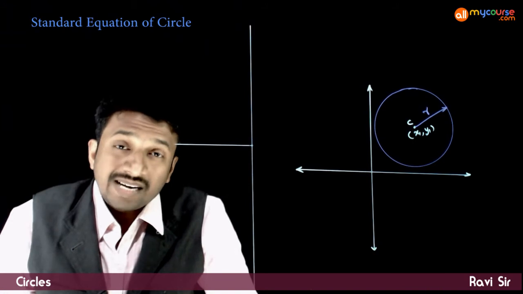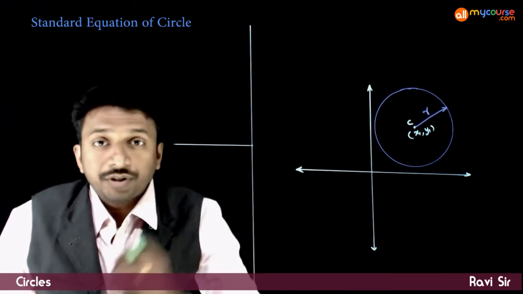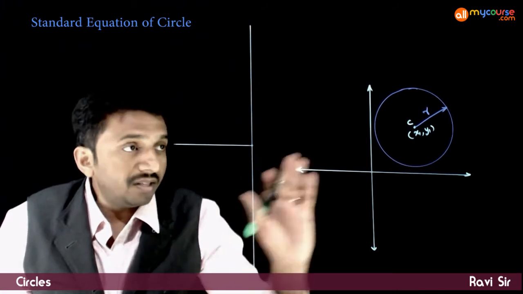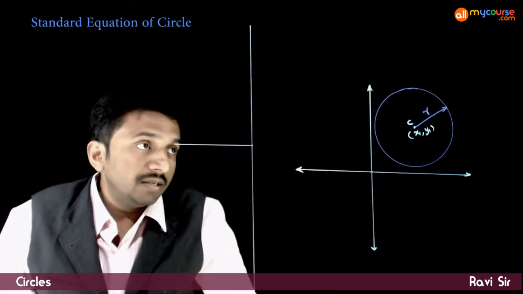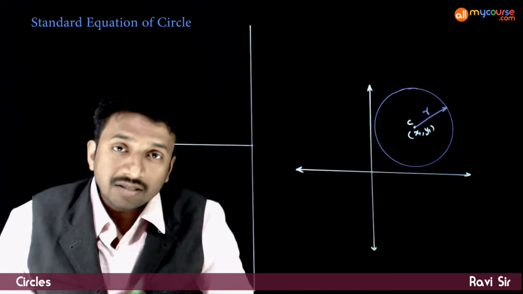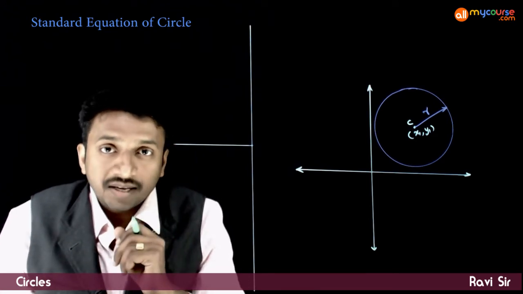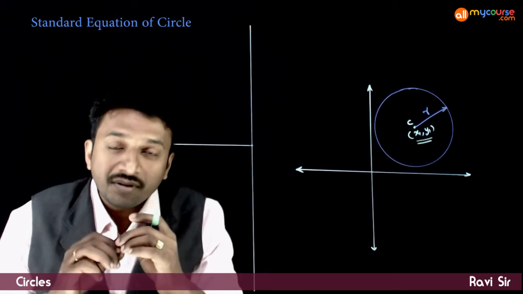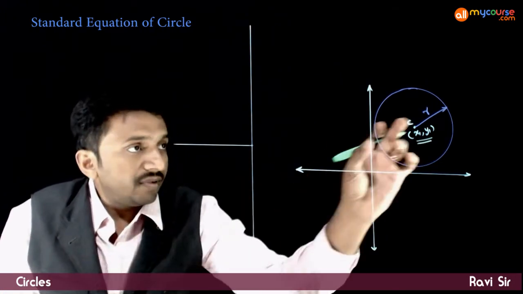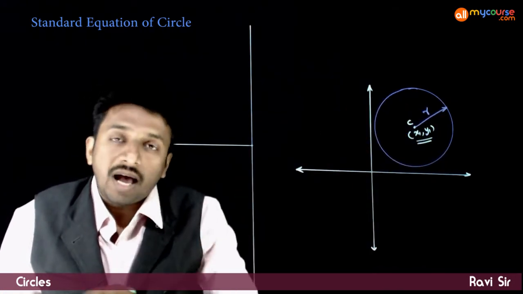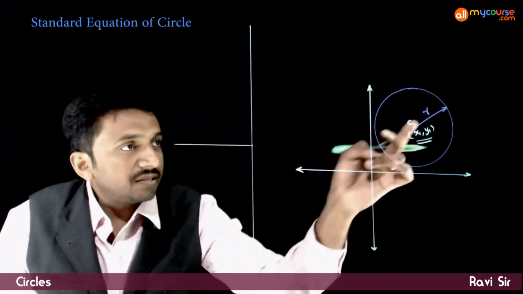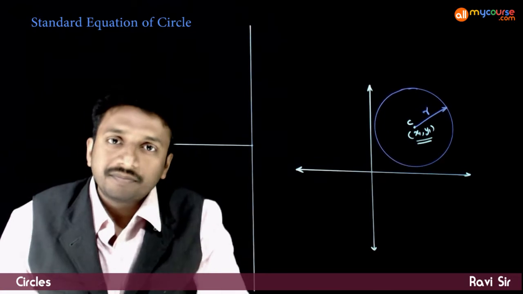Let us try to find the equation of a circle in the xy plane. Let us say that you're asked to find the equation of a circle whose center is a point x1, y1 which is given and which has a radius of r. R is given and the center is given. You're asked to find the equation of the circle.